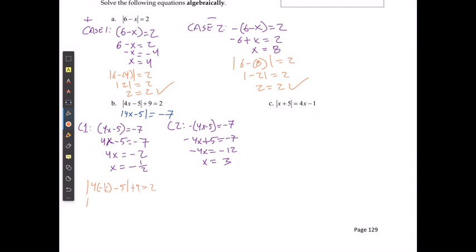The absolute value of negative 2 minus 5, plus 9 is equal to 2. The absolute value of negative 7 plus 9 is equal to 2. Or, in this case, 7 plus 9 is equal to 2. Well, we know 16 does not equal 2. There's an extraneous root.